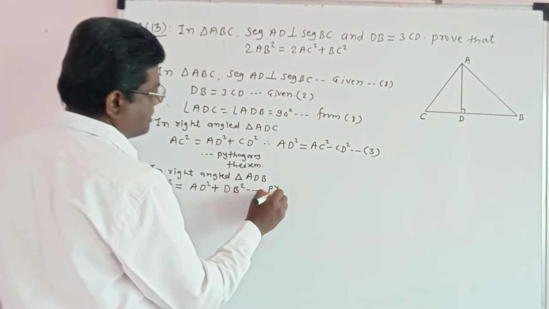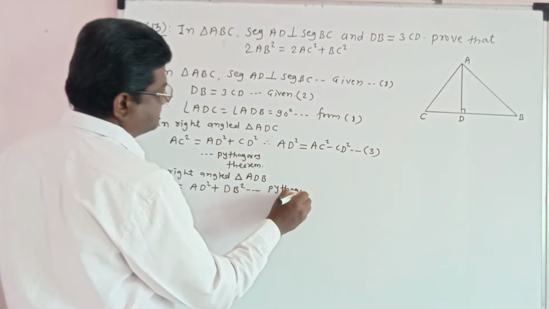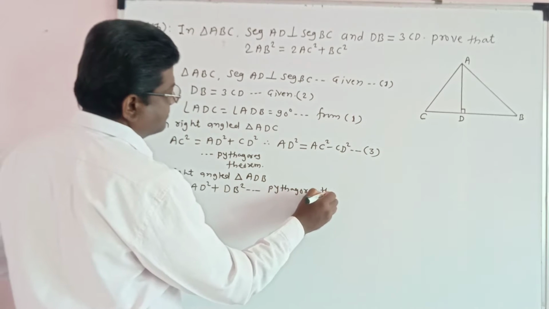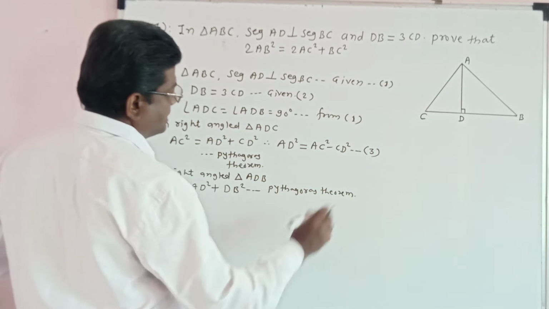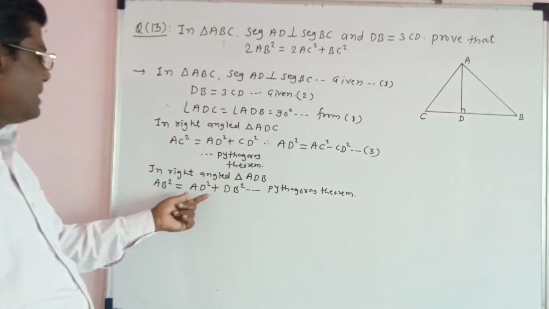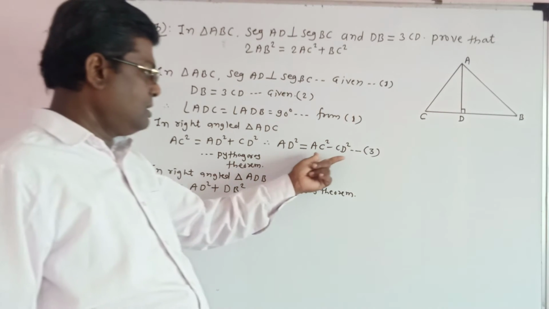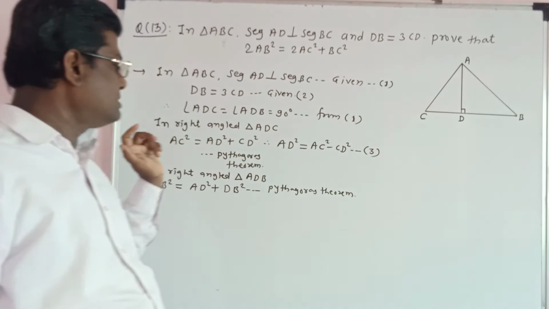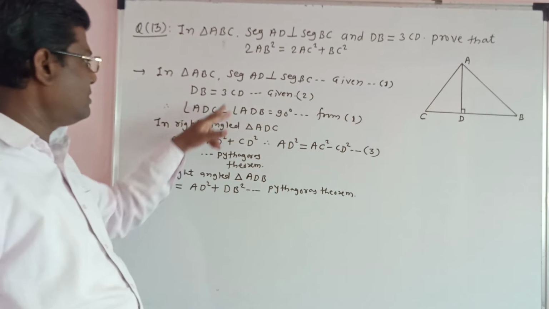This is according to Pythagoras theorem. Now let's see. AD square is equal to AC square minus CD square and DB is equal to 3CD.